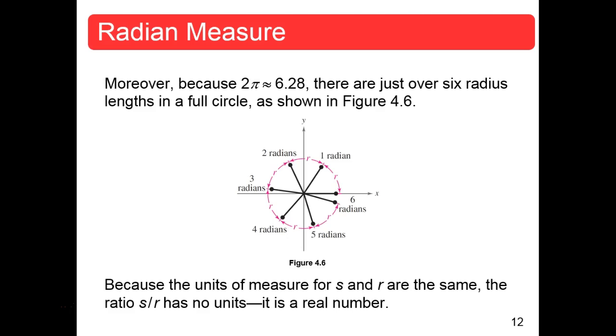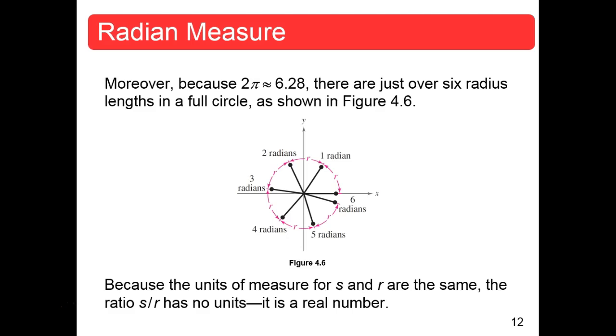So again, the 2 pi is about 6.28. It's not exact. Why is it not exact? Pi is an irrational number. You can't express it as a ratio of two integers at all. If you wrote its whole decimal, it'd be 3.14159, and so on, just keep going forever. You never repeat any unit of it.